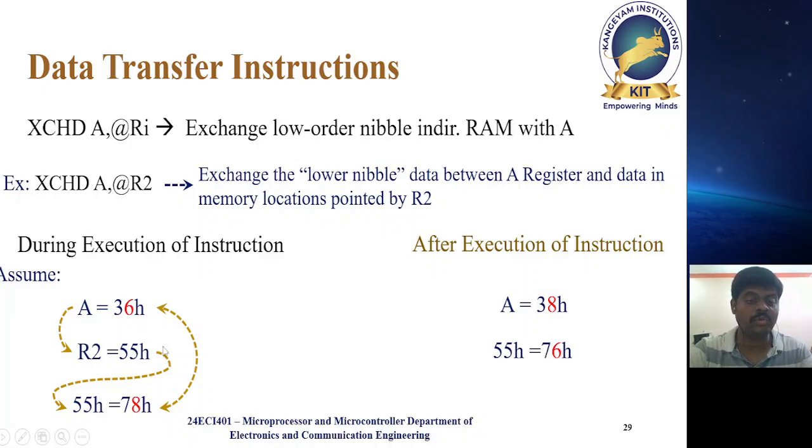In this case R2 will not be affected, because R2 is not holding data; it is holding the memory location of the data. So R2 just points to the memory location where the data is, and from that memory location we do the exchange.